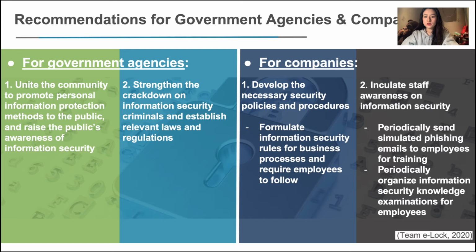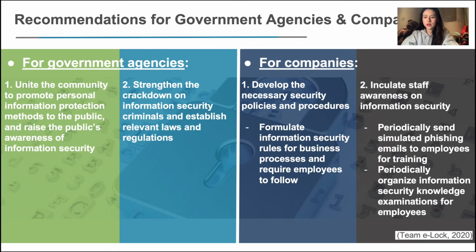For government agencies, the first responsibility they need to assume is to let more residents understand the negative impact of social engineering attacks on people, and use their social attributes to join the community to publicize to residents how to effectively avoid cyber fraud attacks.